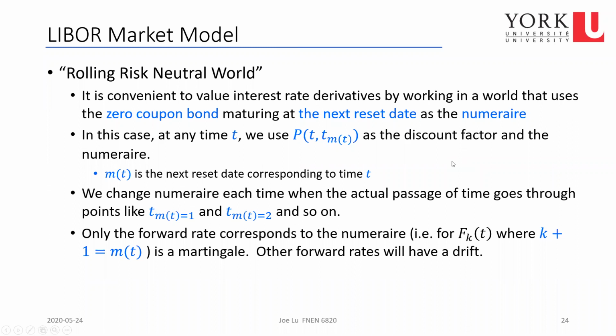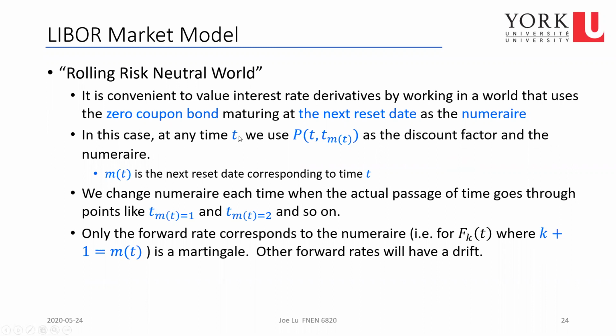With the selection of that particular zero coupon bond, we have determined a probability measure that the entire term structure of forward rates will follow. Okay, so we'll be evolving in a particular probability measure.